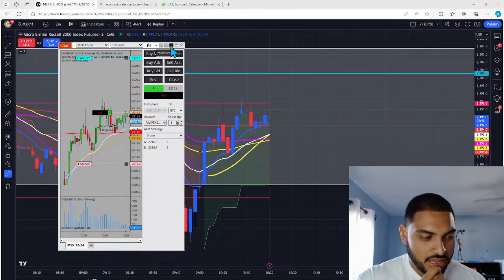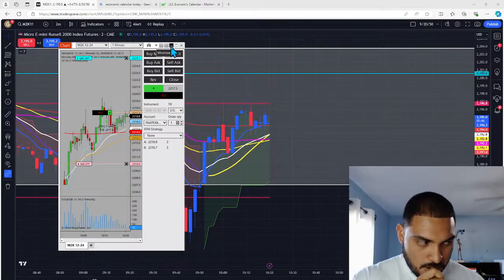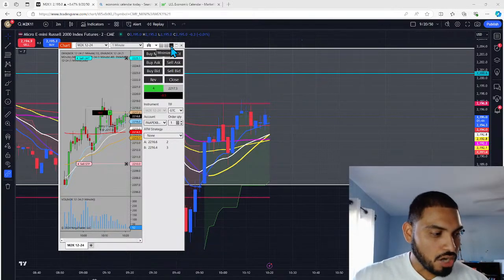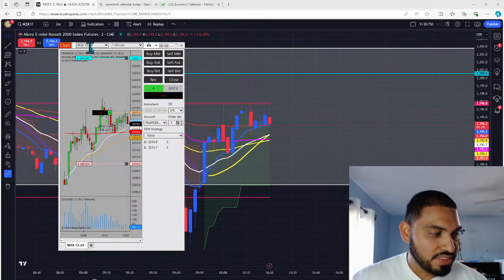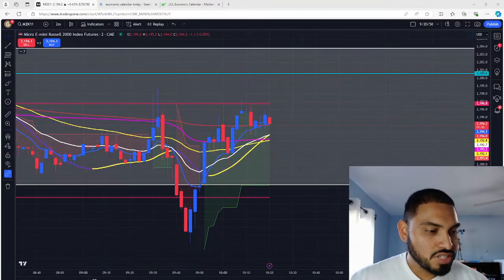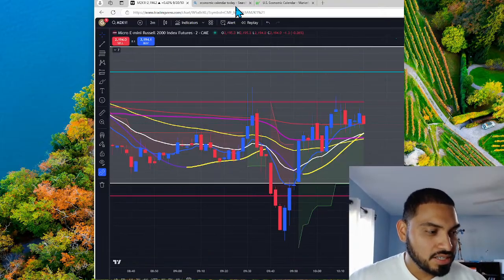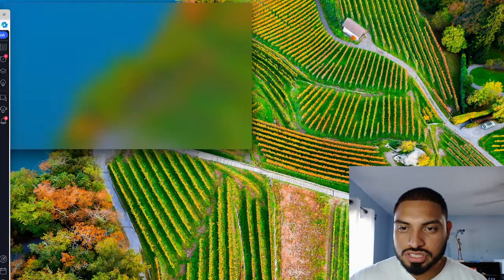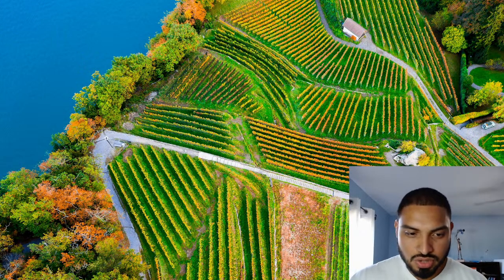Wait, on TradingView, it looks like the contract that I have is 1224. So did the futures contracts change on TradingView?